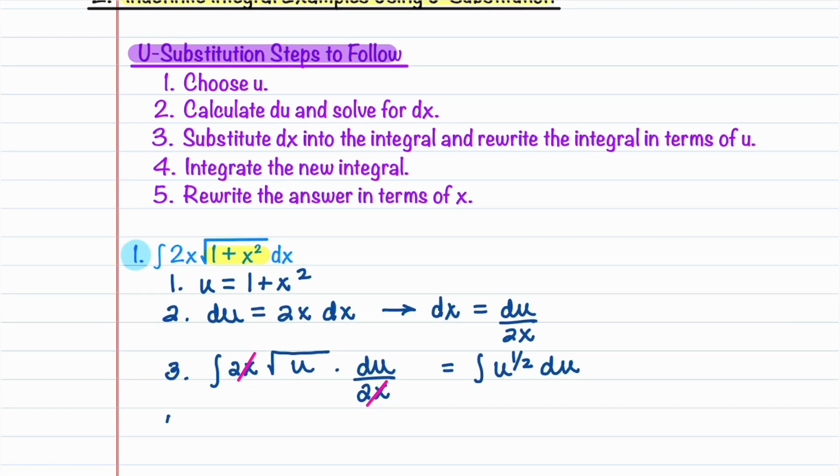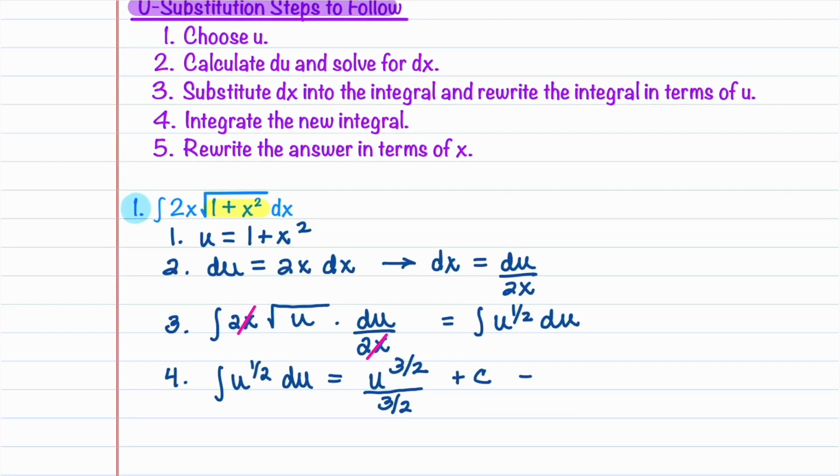Step 4 is to just integrate this new integral. We have the integral of u to the 1/2 du, and that is equal to u to the 3/2. You just add 1 to your exponent, and then we divide by 3/2, and then we add our plus c.